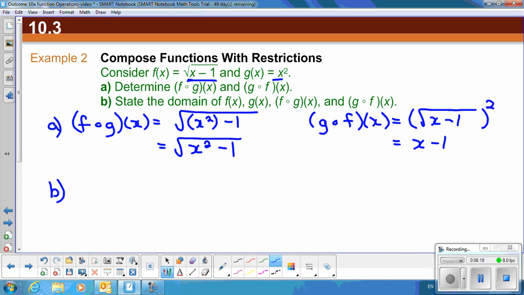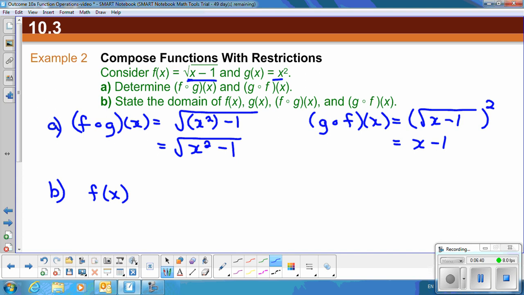Part B is to state the domain of f of x, g of x, and then our two new functions. So for f of x, which is a radical equation, what's underneath that root sign has to be 0 or bigger, it can't be a negative number.